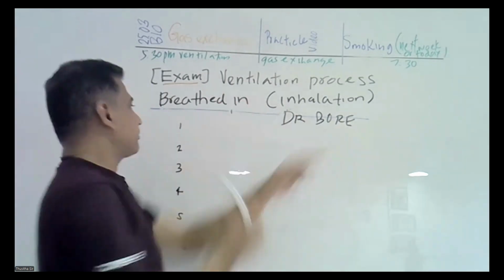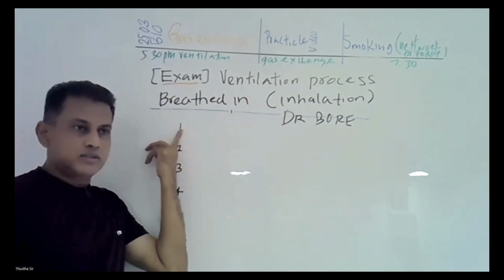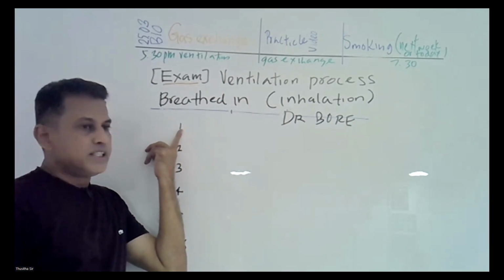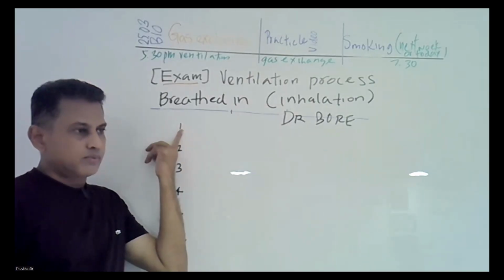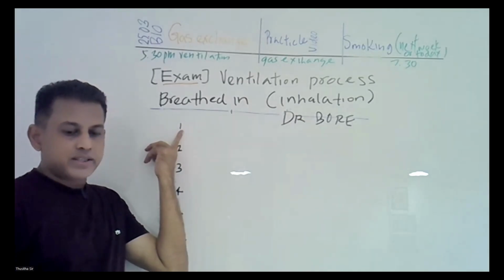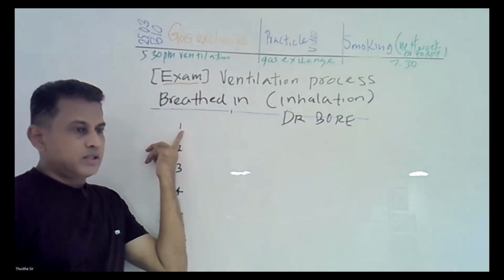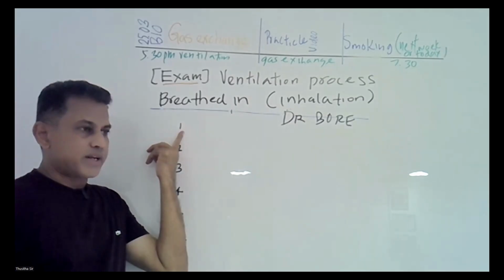Now for this one, first point you can write. Number 1, external intercostal muscle contract.